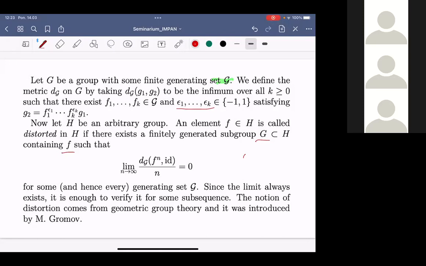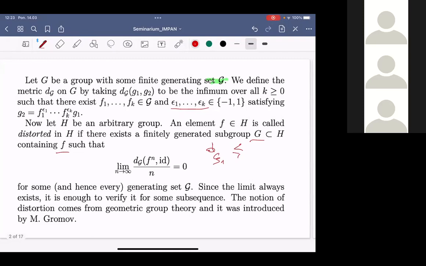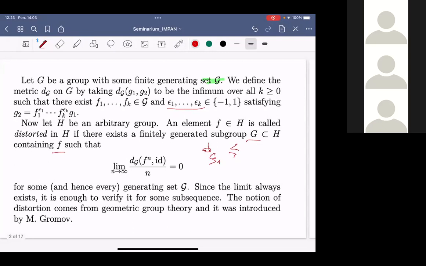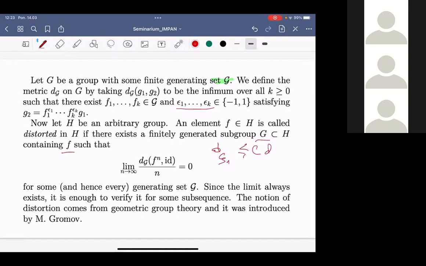Because if we take another generating set, so we have two generating sets, we know that the distance in one of these generating sets is bounded from above by some constant times the distance in the new generating set, representing the elements from the previous generating set. So that's extremely simple.